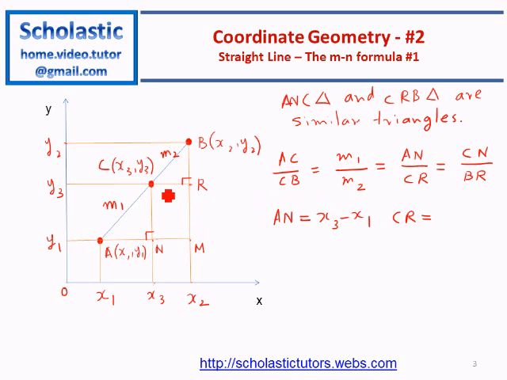So x2 minus x3. Similarly, you can get an expression for CN. The length CN is equal to y3 minus y1, and BR is equal to y2 minus y3.